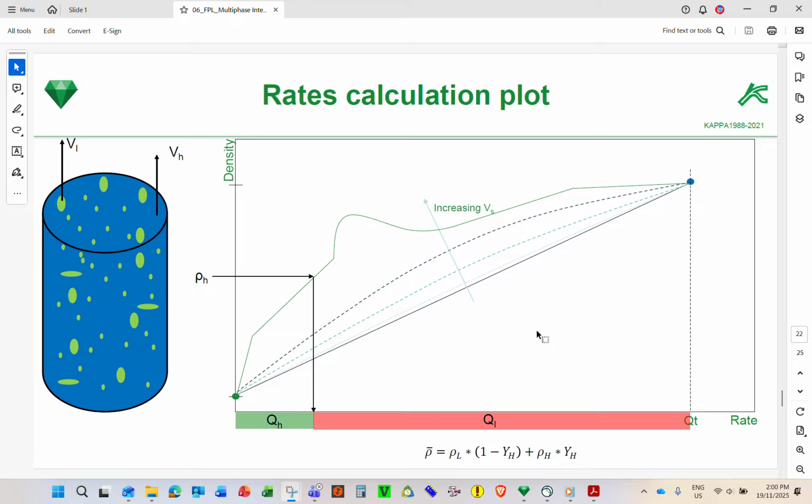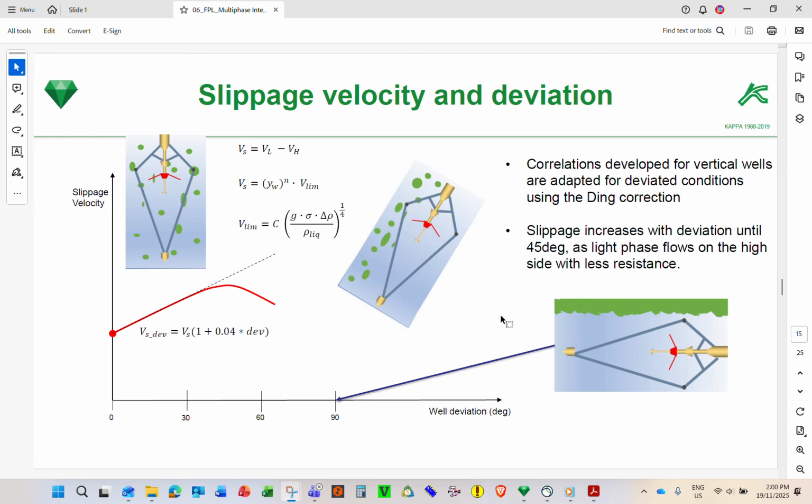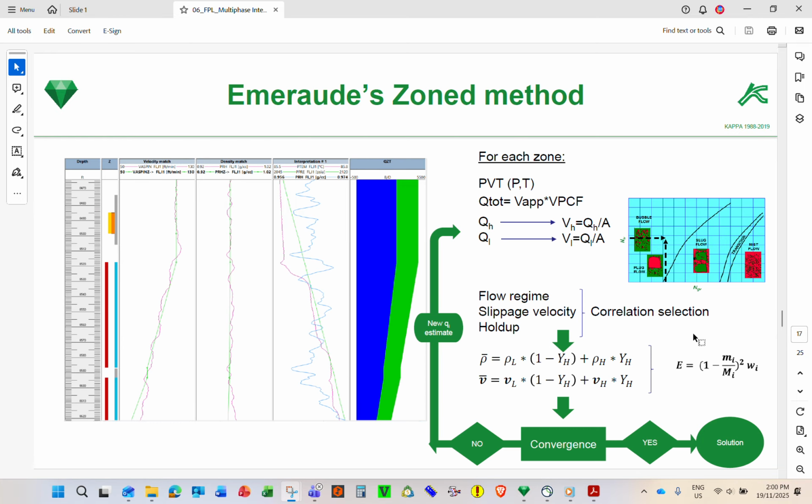Gas velocity is small, gas holdup small. Which flow regime? Gas velocity low, flow regime on the left. What type of flow regime is that? Bubble flow.